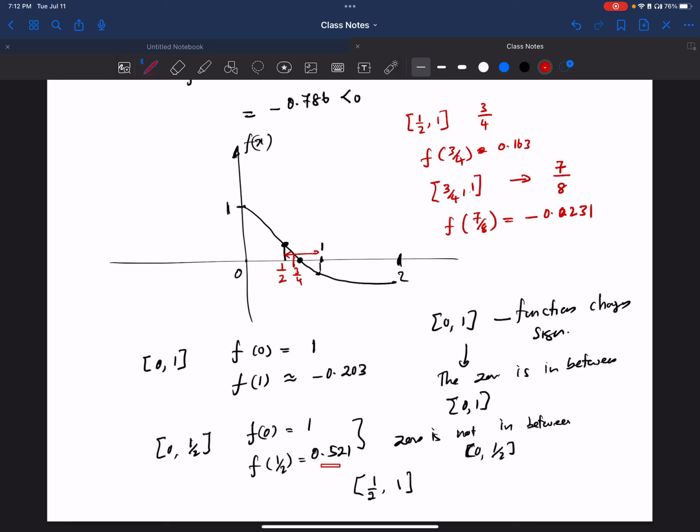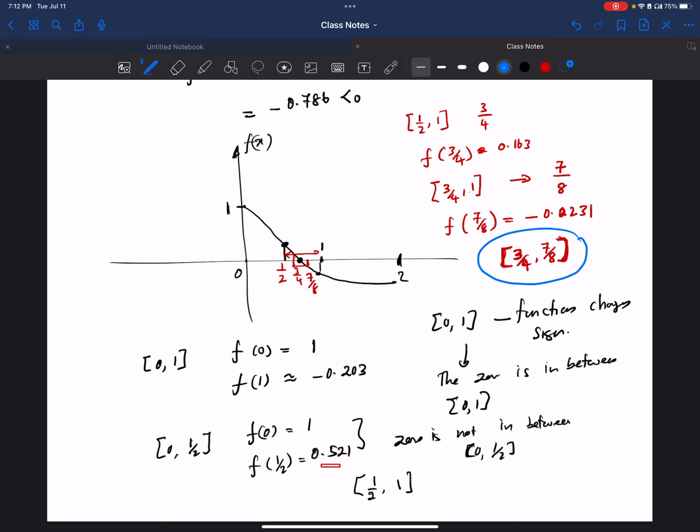From 7/8 to 1 is all negative. So the 0 is in between 3/4 and 7/8.